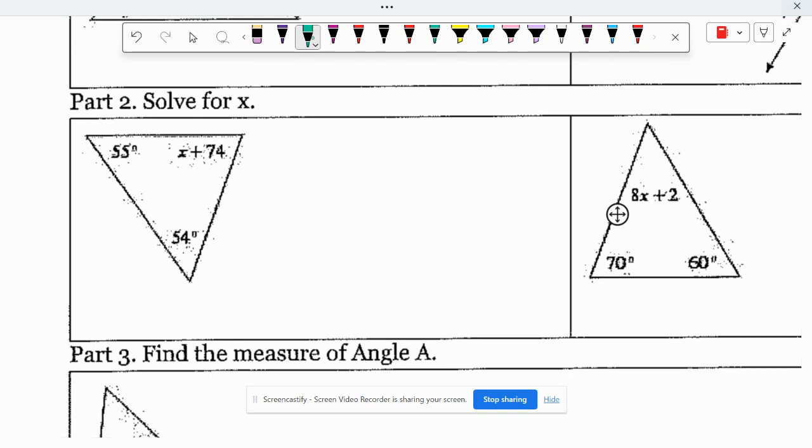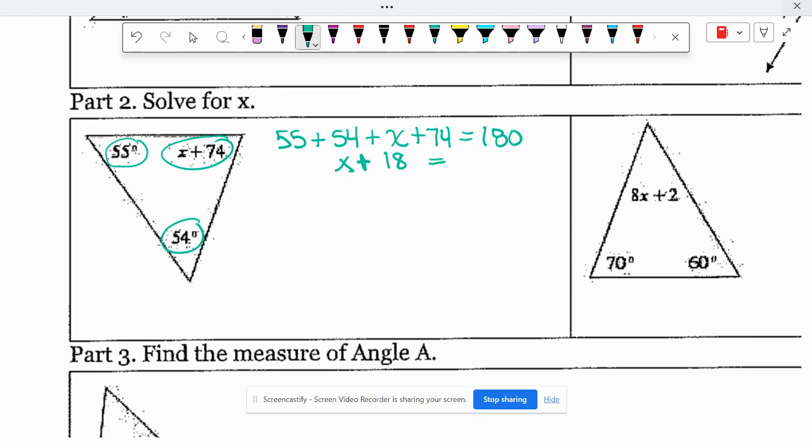The sum of all of the interior angles adds up to 180. So 55 plus 54 plus x plus 74 equals 180. Well, 55 plus 54 plus 74 is 183, so x plus 183 equals 180.